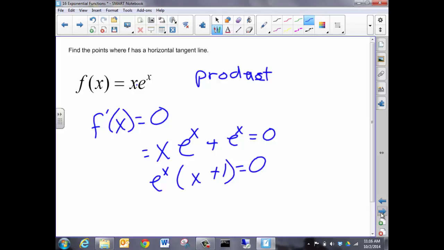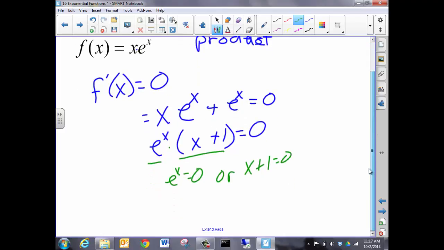And e to the x times x plus 1 equals 0. Well, now this should trigger memories from Algebra 1. Something times something equals 0. That means either e to the x equals 0 or x plus 1 equals 0, right? Well, x plus 1 equals 0 means x equals negative 1. What about e to the x equals 0?